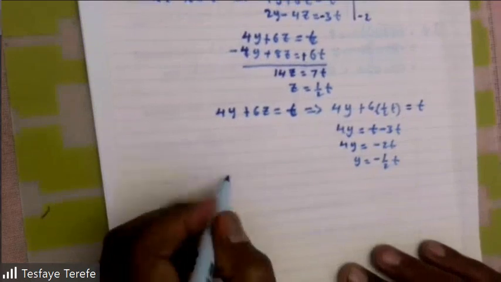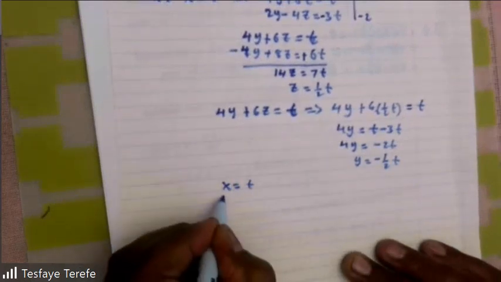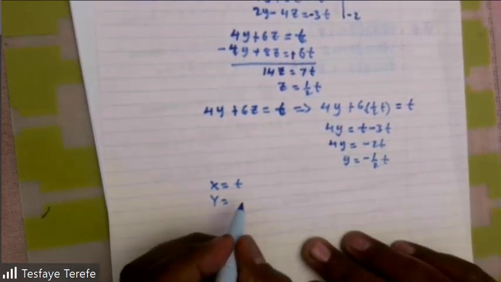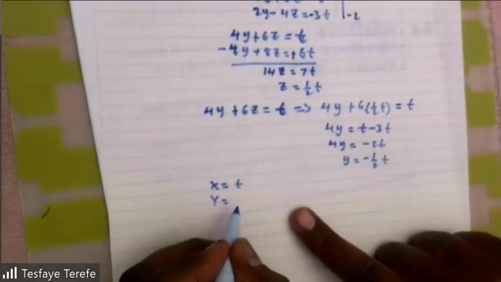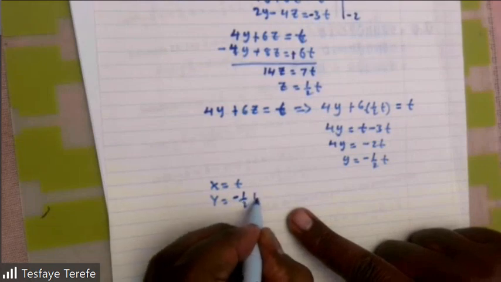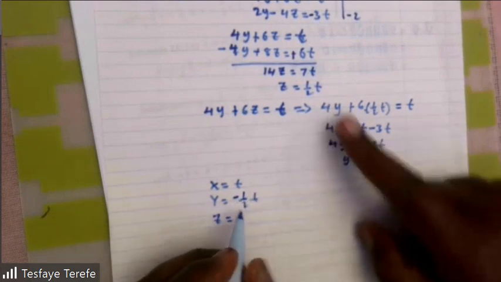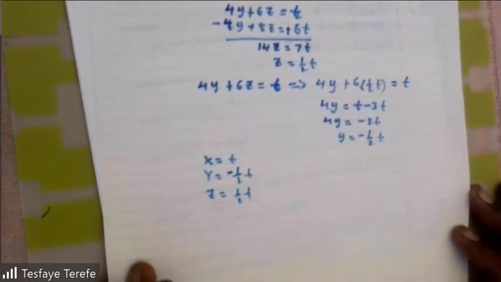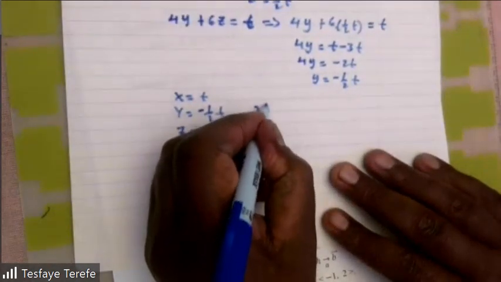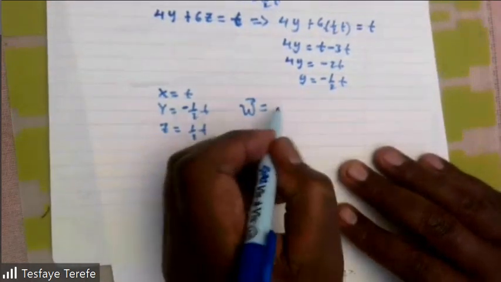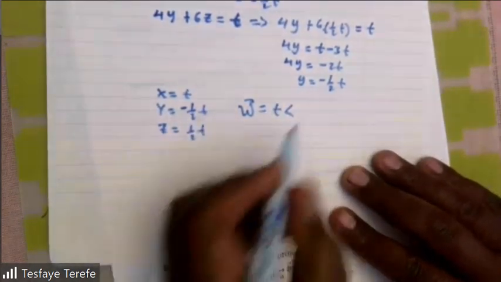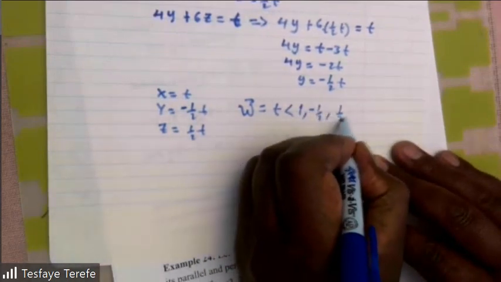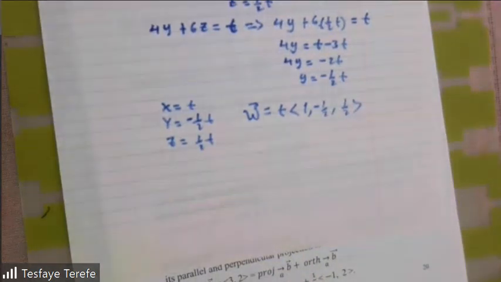Then now what do I have? X is equal to T, Y equals -1/2 T, and Z equals +1/2 T. So my vector w, you can factor T, that is a scalar, as you see, and I have 1, -1/2, and 1/2. This is one of them.